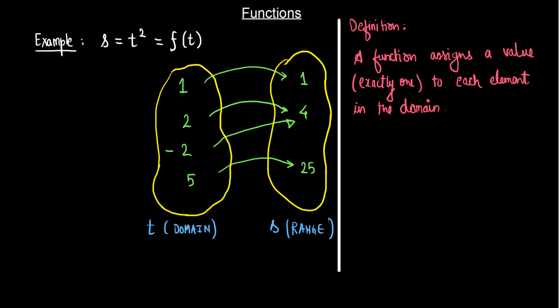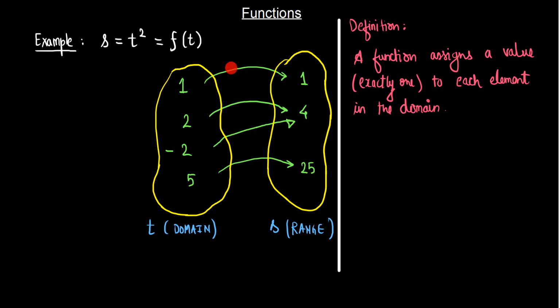Let me explain this. What is a function here? t square, the squaring function, assigns a single value, or exactly one value, to each element in the domain.